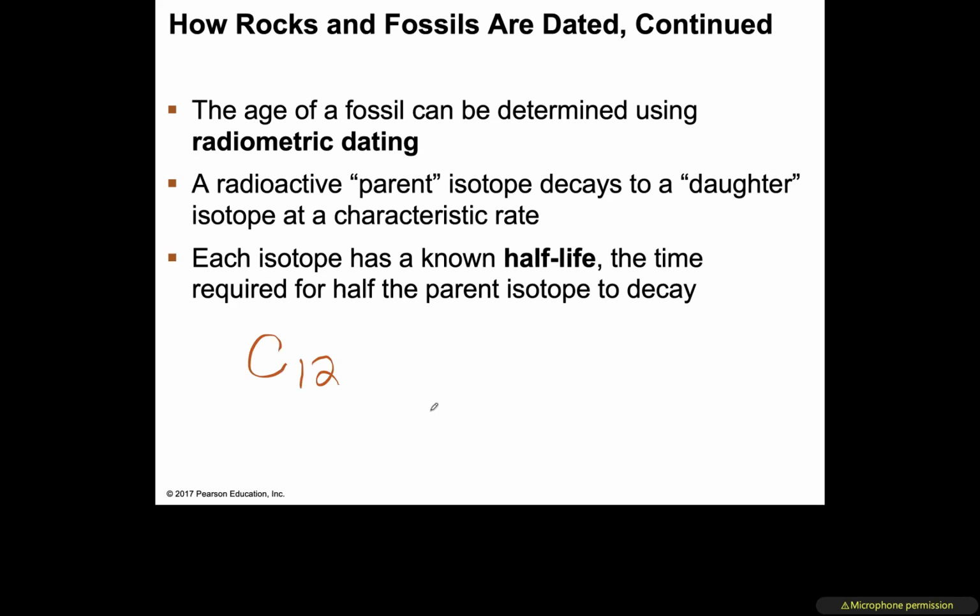You have carbon-13, which is an isotope, and you have carbon-14, which is also an isotope. So carbon-12 is very stable, but carbon-14 is not. It is not stable. So what it will do, it will decay. It will break down, and it has a specific half-life.